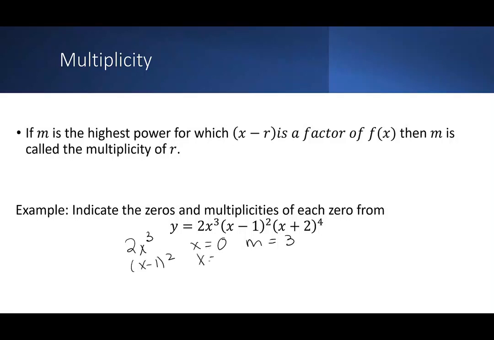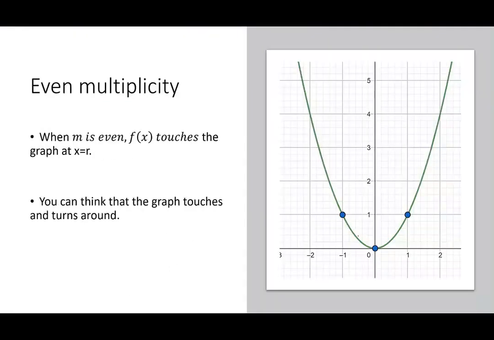Well, that says x is equal to 1, and my multiplicity is 2. Then x plus 2 to the 4th has a 0 at negative 2 and a multiplicity of 4. If I add these up, 3 plus 2 plus 4, that is equal to 9, which is the degree of the polynomial. Multiplicities are super important because they tell us a lot about the graph.